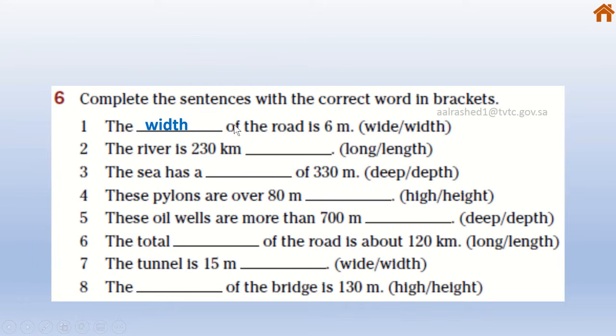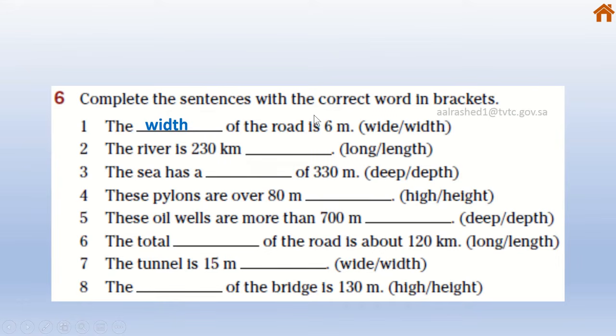What do you mean by of? What does it mean, of? Of means this something is part of this something. It means a part of the whole. Okay, I talk about the part, the width, of the whole, which is the road.